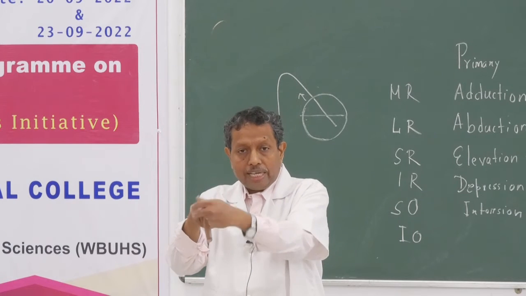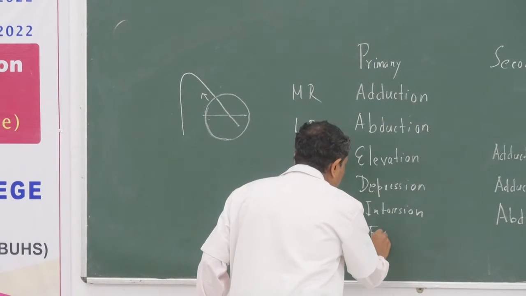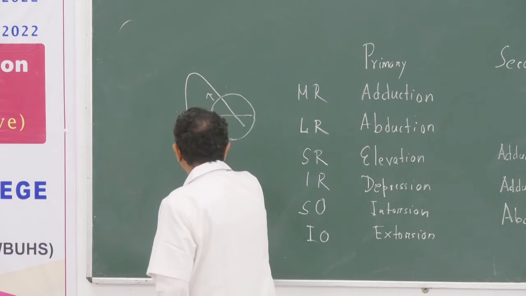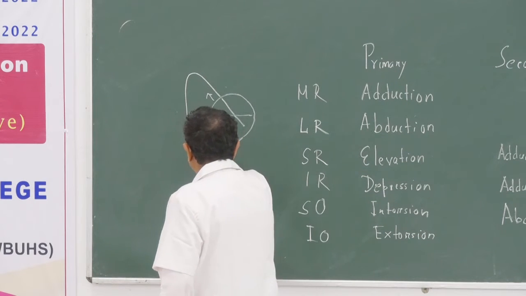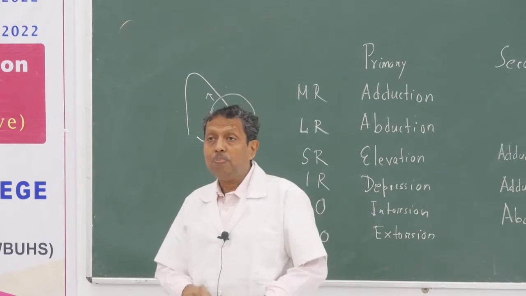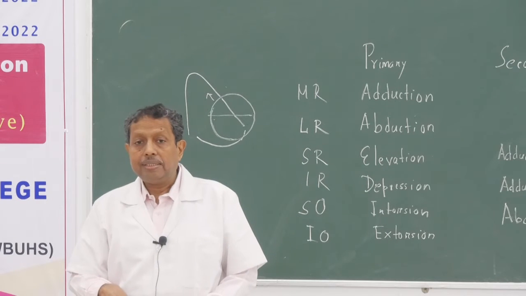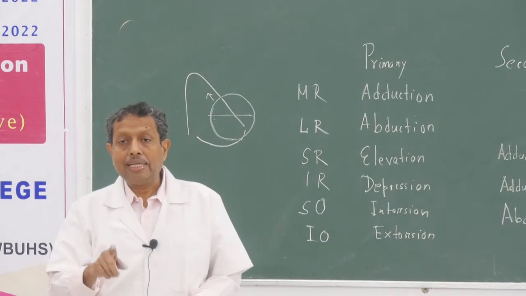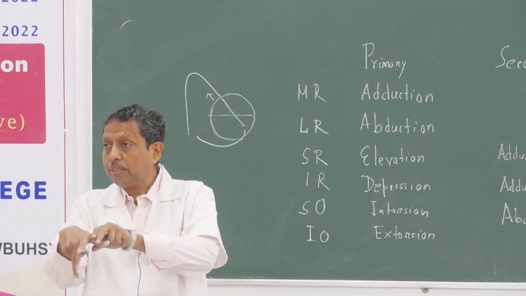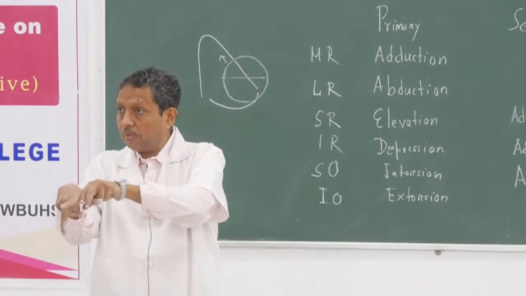And as this moves in this way below, behind the meridian, there is some abduction and elevation when this moves, and then there is elevation in the horizontal axis.